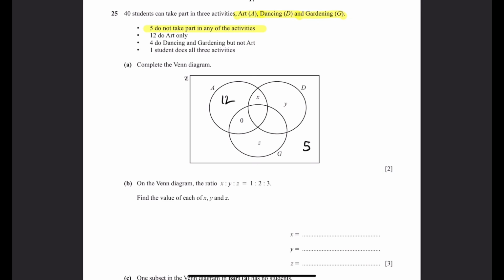Let me write here 4. 1 student does all 3 activities.